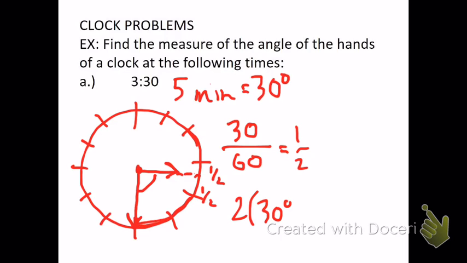All right? 2 times 30 plus, then we have to do the fraction, 1/2 of 30. So that's going to give me 60 plus 15, 75 degrees. All right, any questions there?